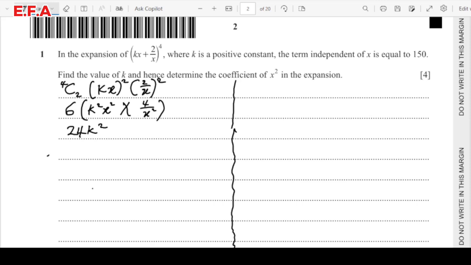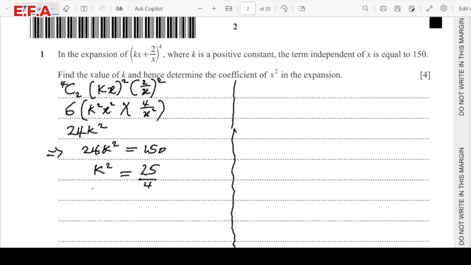That implies 24k squared is equal to 150. To find the value of k, this gives us 150 divided by 24, which is 25 over 4. Then find the square root of both sides.